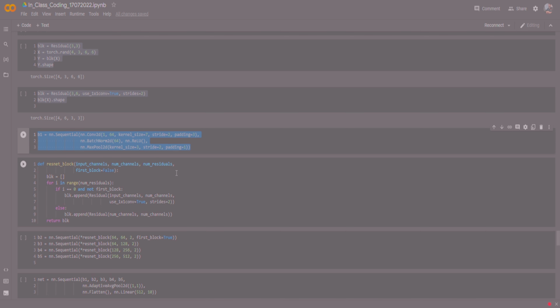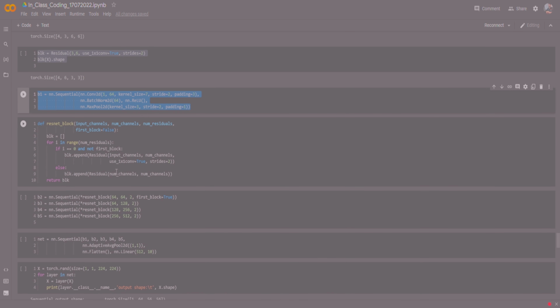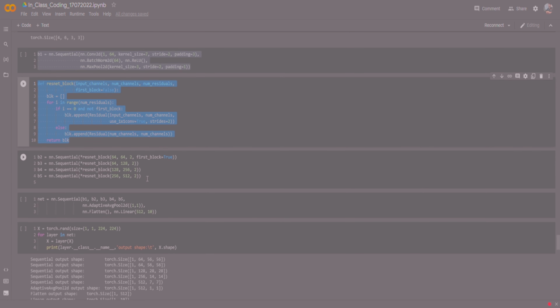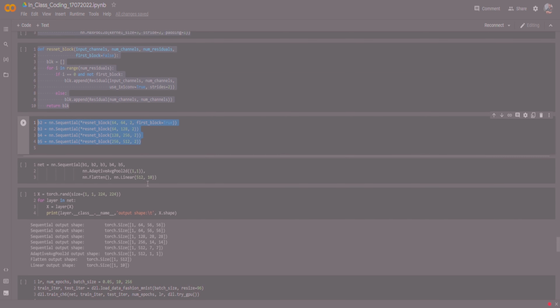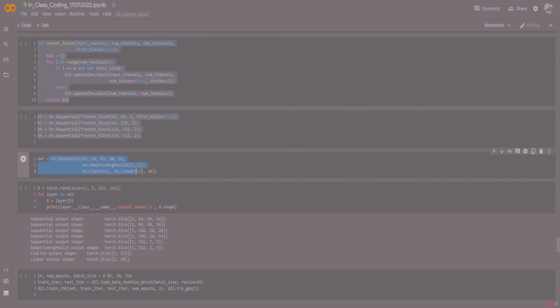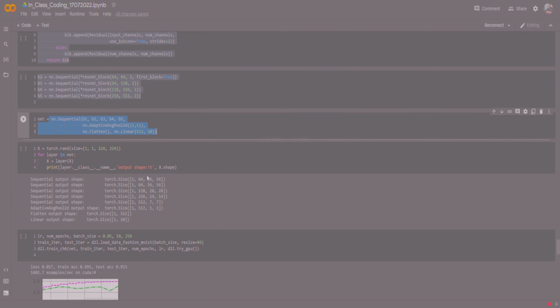Then each of the ResNet blocks we define here, according to the requirement, by referring to the original block which they have mentioned. Then we call B2, B3, B4, etc., because everything is a ResNet block. Then convert them into a sequential, mentioning that this connects after this, after this, and so on.